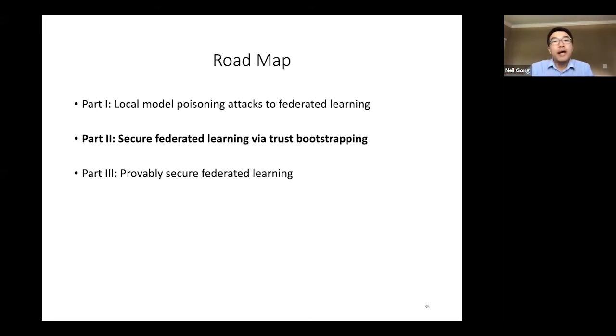And for your question, if we can prevent model poisoning attacks, does that mean we can also prevent all data poisoning attacks? I think it depends on your defense. If a defense does not have a provable, theoretical guarantee, then it may not be the case.